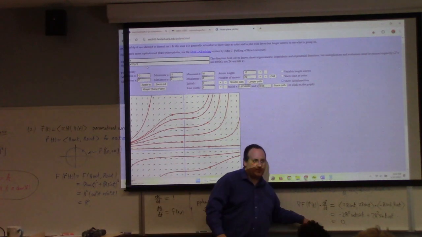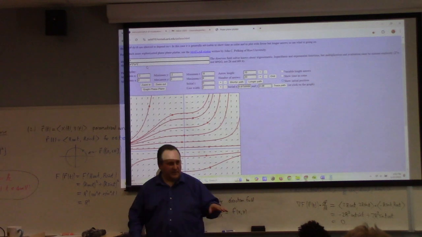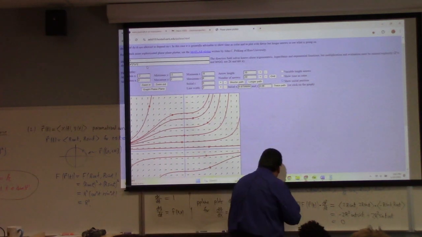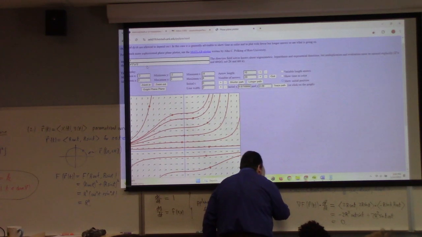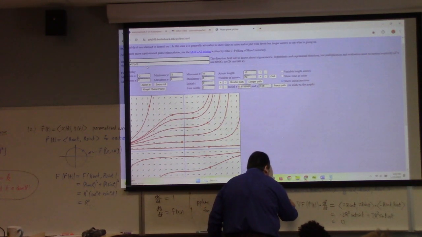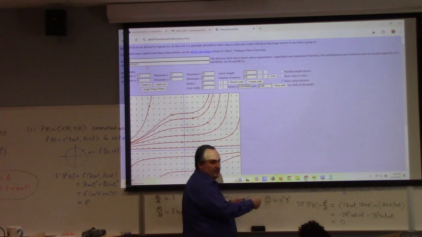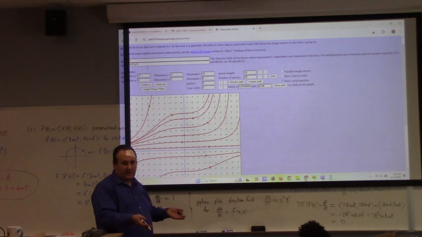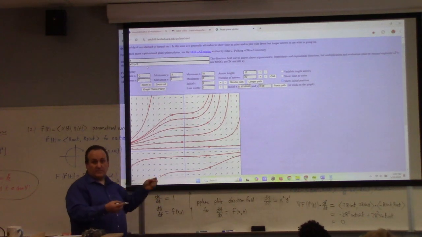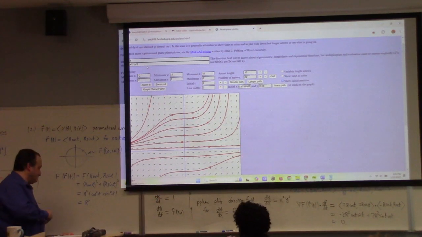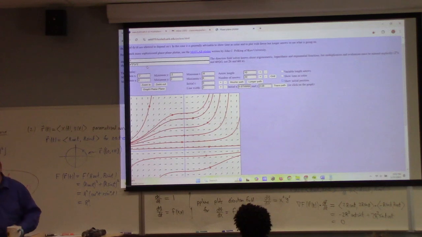But I will not chase that rabbit. Everyone here should be able to easily solve dy/dx equals x squared y squared. Separate, integrate, you'll have a solution, right? What did that solution look like? Looks like these. So I wanted to show that to you.